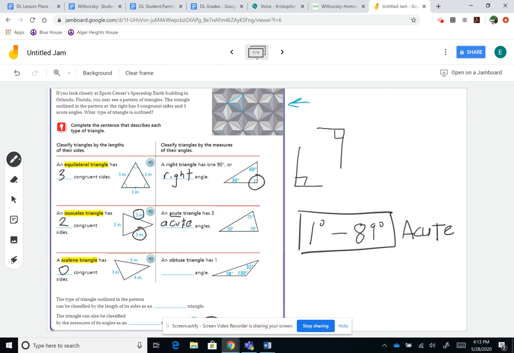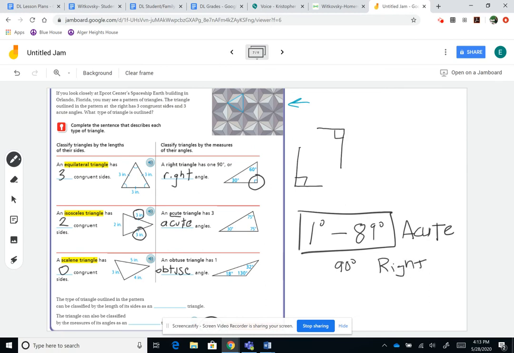All right, and then we have our last one, which is an obtuse angle has one blank angle. Well, it's right there in the name again, obtuse. An obtuse angle is anything that measures above 90 degrees. So we have 1 to 89 is an acute angle. We have 90 degrees is a right angle.